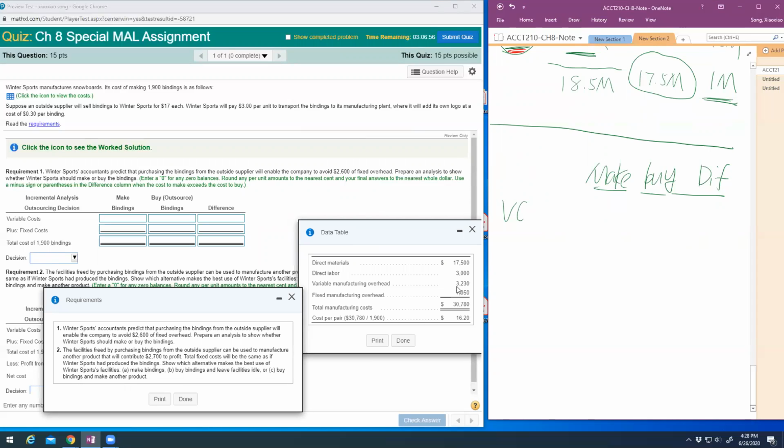So total is you have to add all these variable costs. I need all the variable cost for make. So it's 17,500 plus 3,000 plus 3,230.